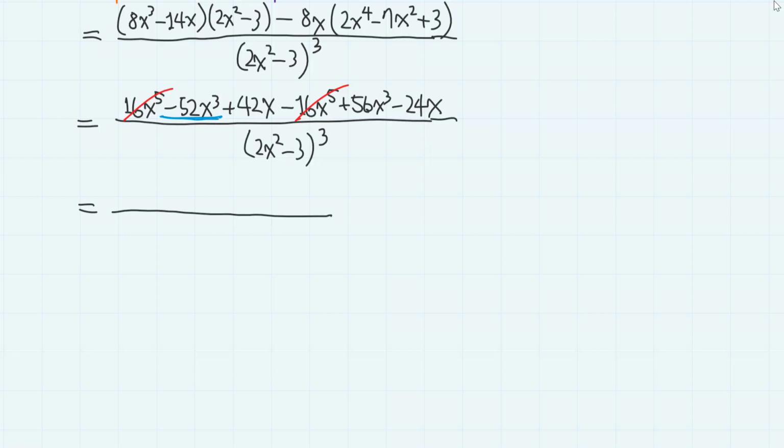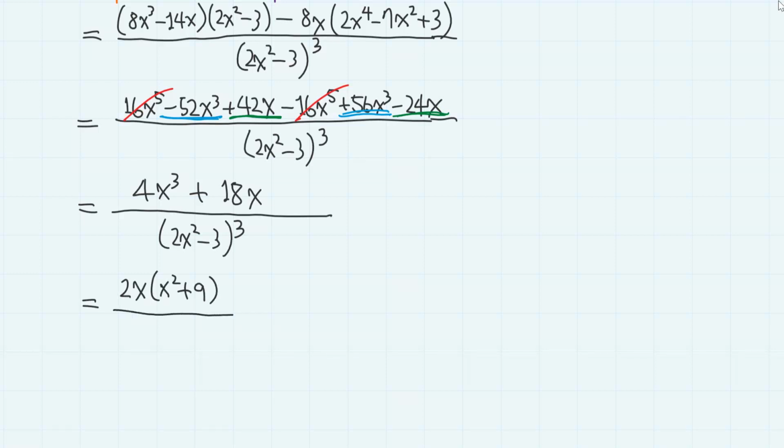We have minus 52 plus 56, so 4x cubed, and we don't have any square term, and the x term, 42x minus 24x, so 18x, which gives 2x times x squared plus 9 divided by 2x squared minus 3 cubed.